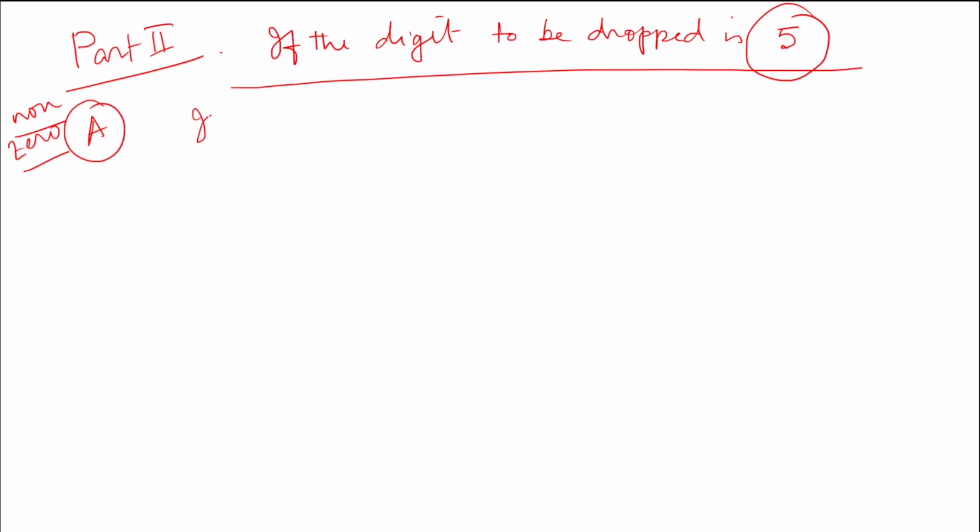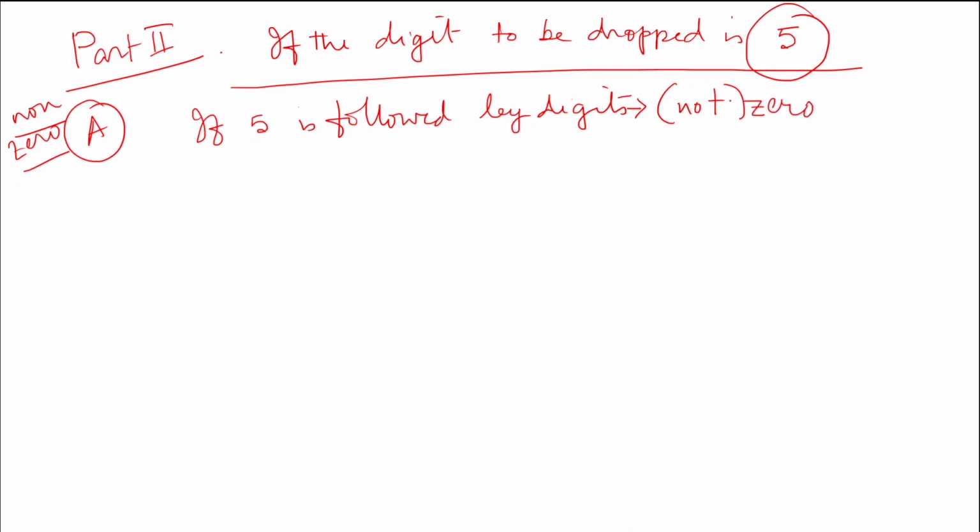So the first rule is if 5 is followed by digits which are not 0, that means non-zero digits, then what will happen, the preceding number, जो preceding number है, that means the cutoff जो digit है, we have to add +1 to it.